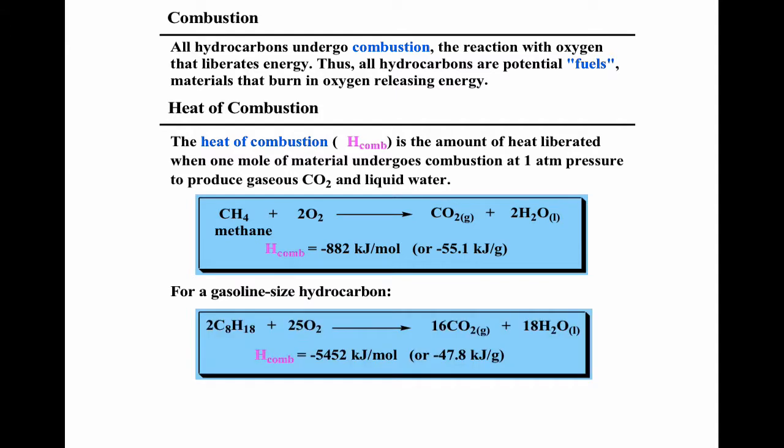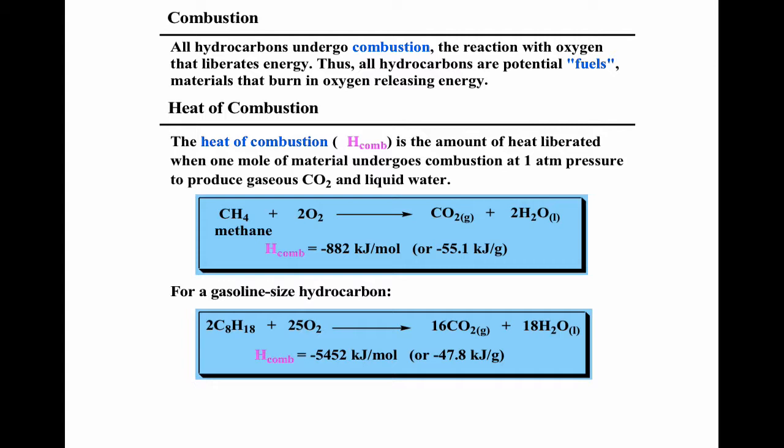For every mole of octane that we burn, it takes 12.5 moles of oxygen to completely convert it into 8 moles of carbon dioxide and 9 moles of water. Okay? I just said 1 here, so I just halved everything. And in fact, when we burn a mole of octane, we get 5,452 kilojoules of energy. That's over 5 times the amount of energy that we get from burning a mole of methane.